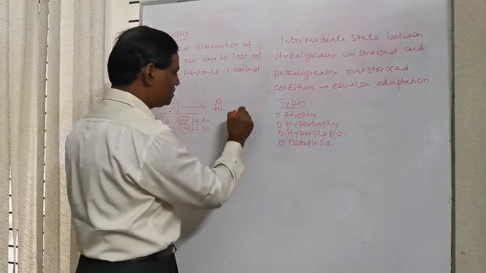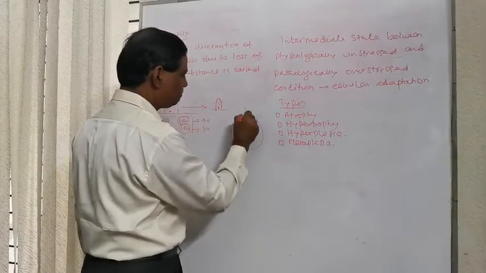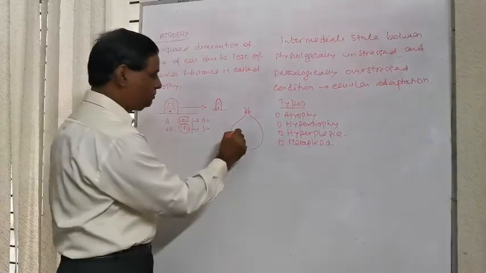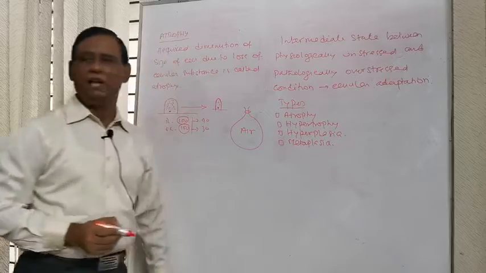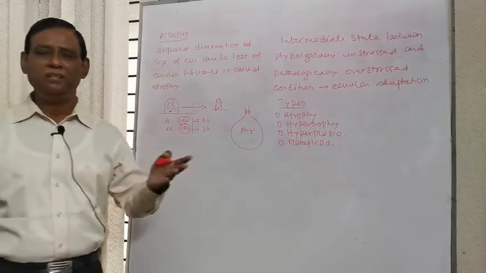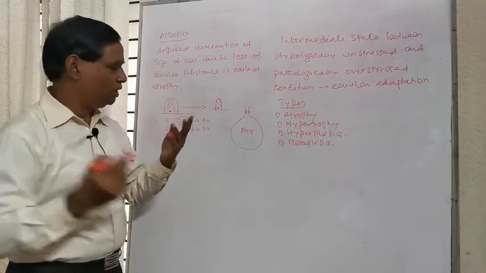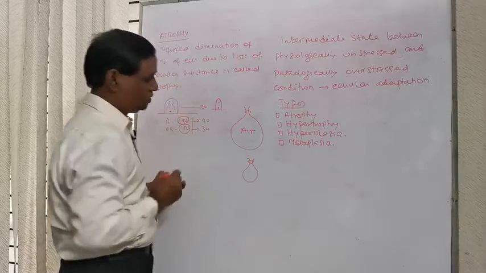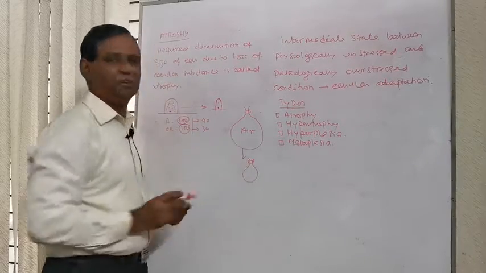We can compare this with an air-filled balloon. Suppose this is an air-filled balloon. The balloon is filled with air. If a certain amount of the air from this balloon is withdrawn, what will happen? The size of the balloon will be reduced. So this is an example of atrophy.